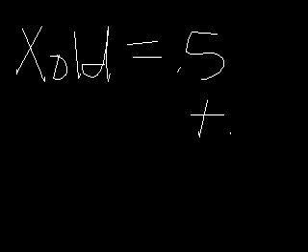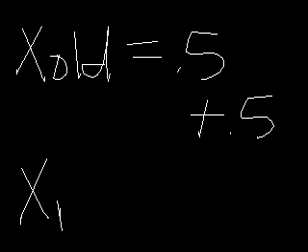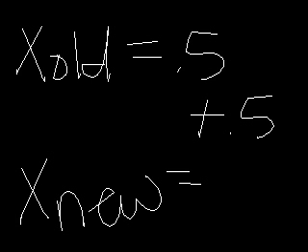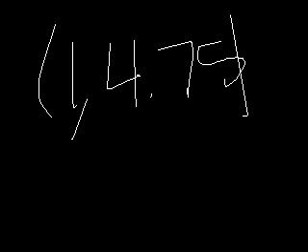And then with your x value, your x old is equal to 0.5, and then you add plus 0.5 again because dx, and then you get x new equals 1. So that means your new point would be (1, 4.75).